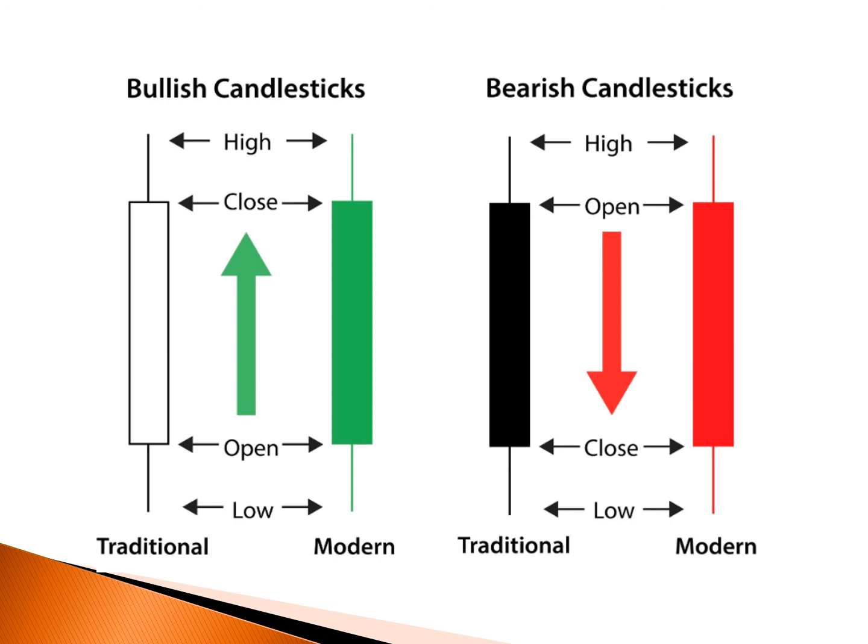A long candlestick is a bigger move. A smaller candlestick is a smaller move. So you know about the bullish engulfing candle and the bearish engulfing candle, and this is just the basis of what you need to know about candlesticks to make you a successful trader.